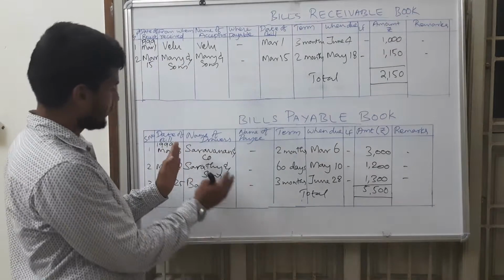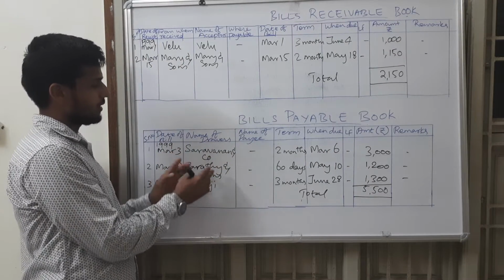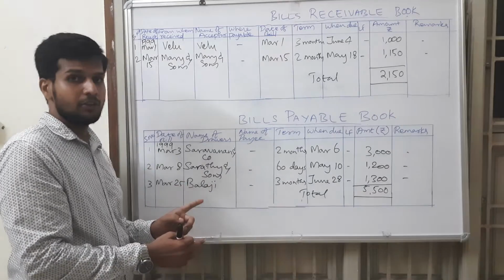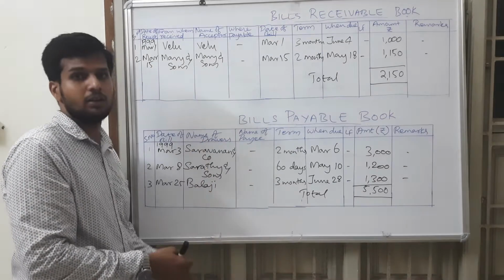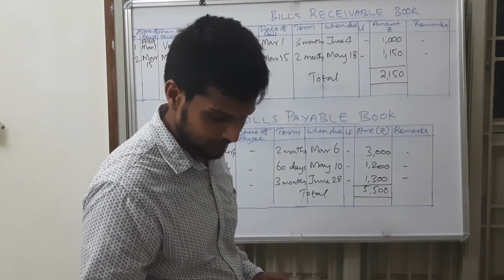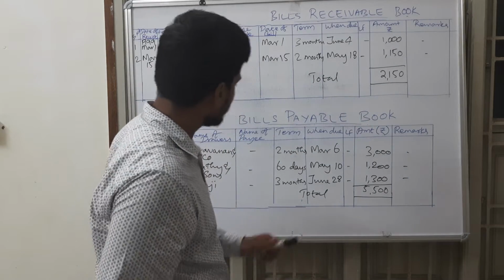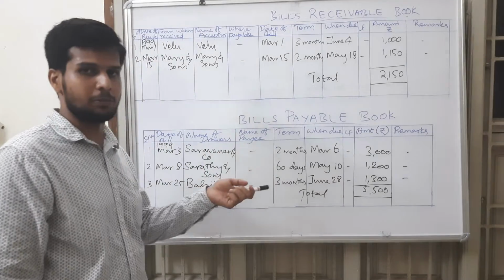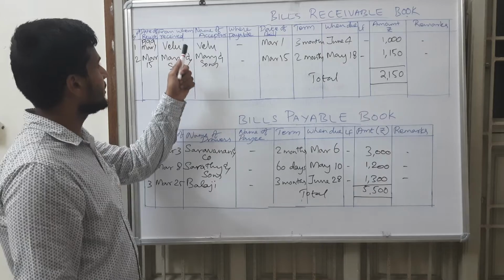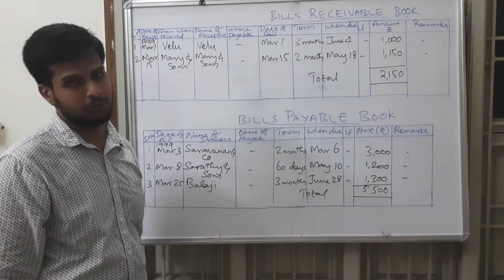And the rest, the names of the drawers, that is Saravanan and Co, Sarathi and Sons, Balaji, will come on the debit side of the ledger accounts as to bills payable, and here it will be by bills receivable, right?